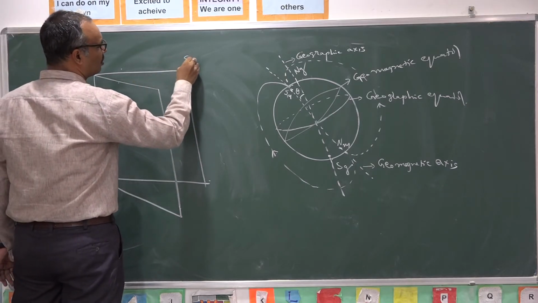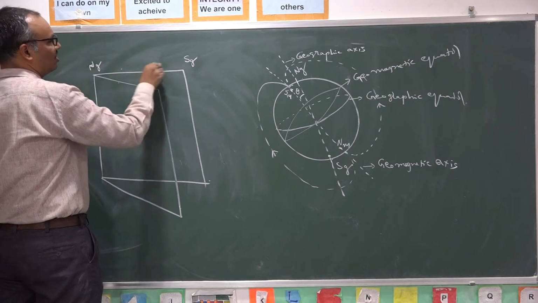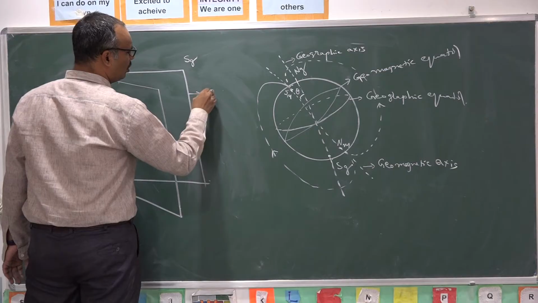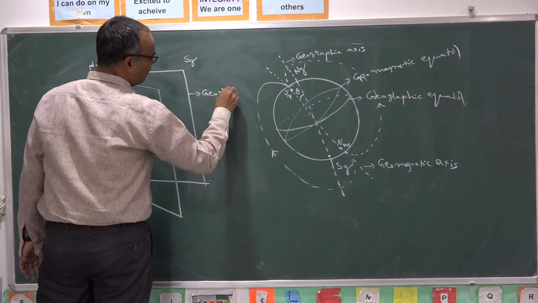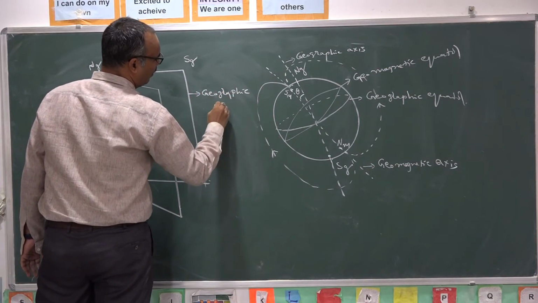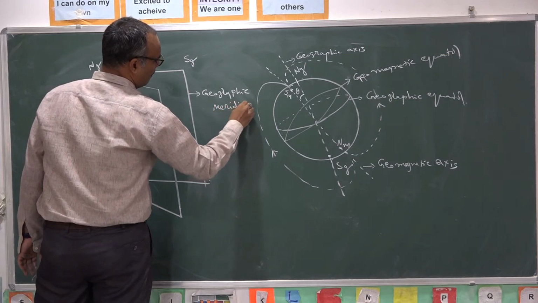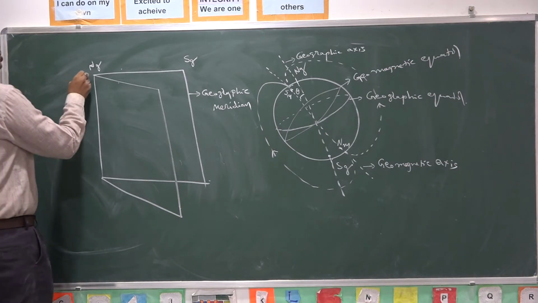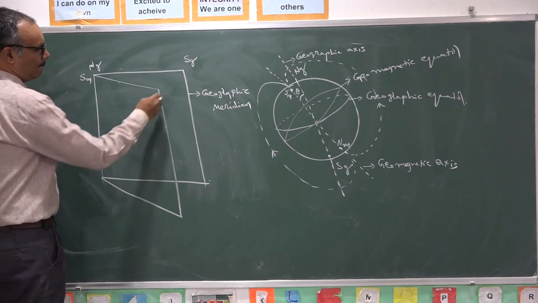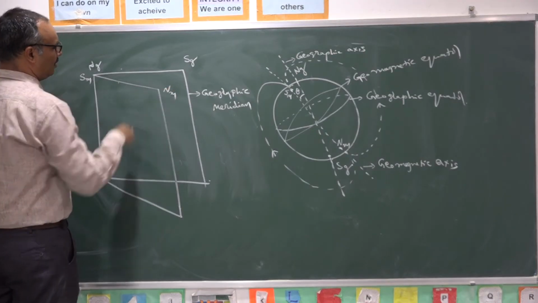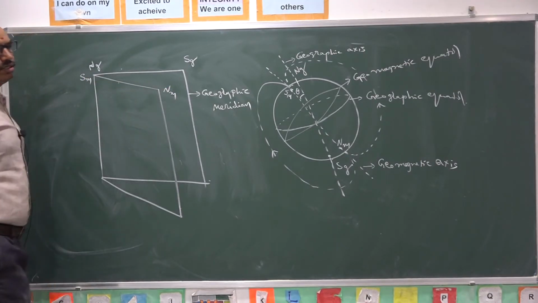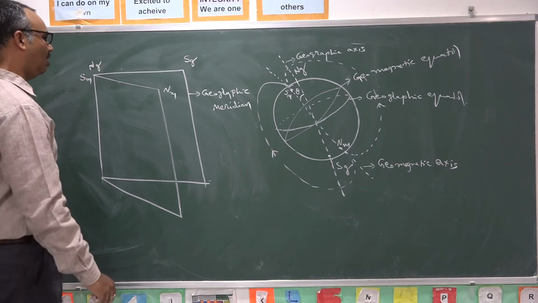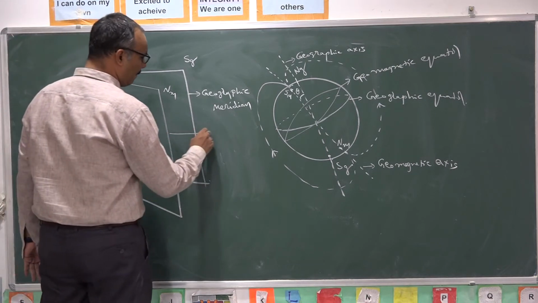This is geographic South Pole. So this axis is called geographic axis, and this vertical plane is called geographic meridian. Nearer to the geographic North Pole, geomagnetic South Pole is there. So geomagnetic North Pole is there. This axis is called geomagnetic axis. The vertical plane passing through the geomagnetic axis is called geomagnetic meridian.